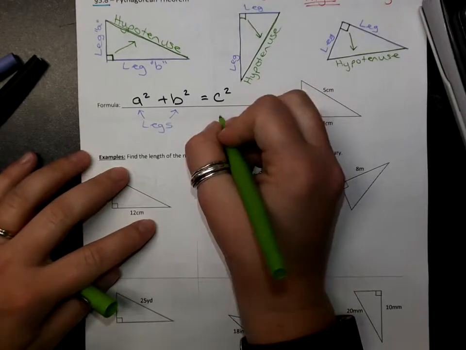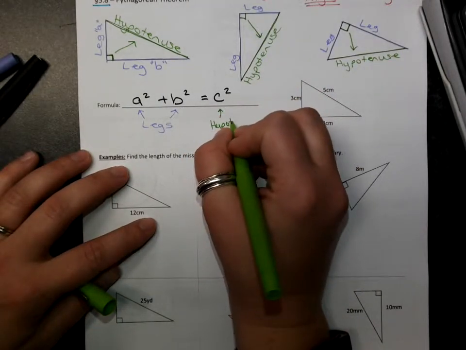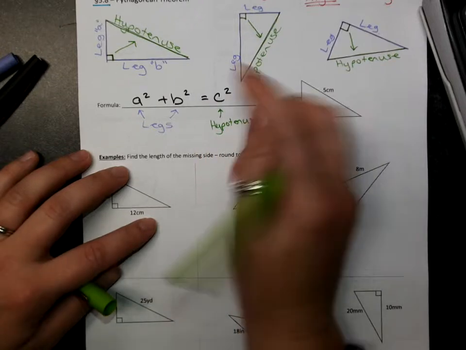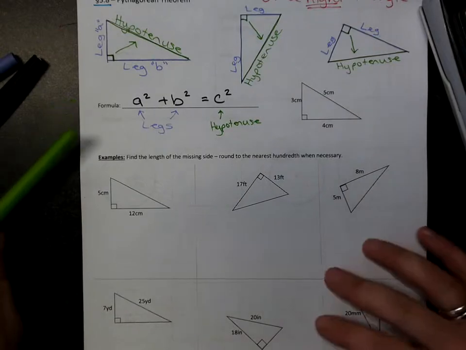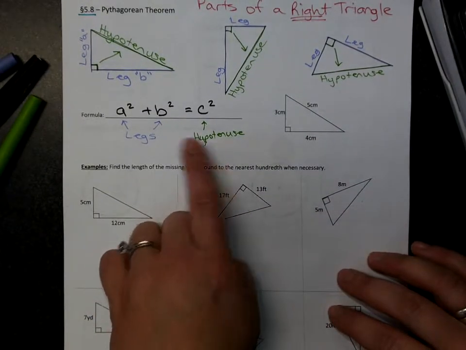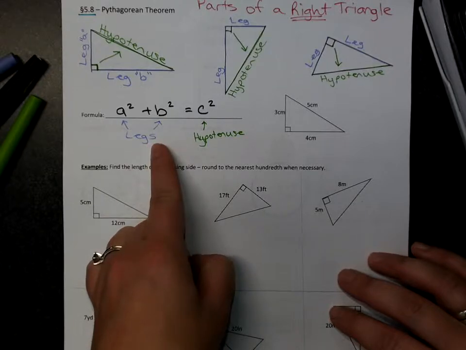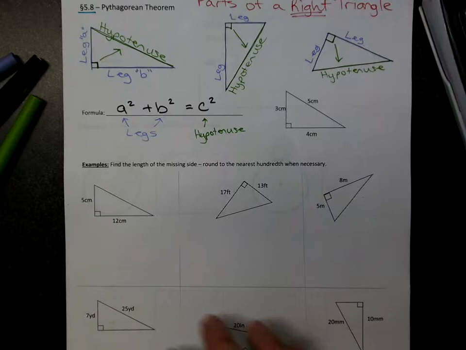And c is always the hypotenuse. So A and B can be switched around, but C is always the hypotenuse. So anytime you have a right triangle, you find the hypotenuse first, and then the other two sides are your legs, and they call it A, B, and C for short.